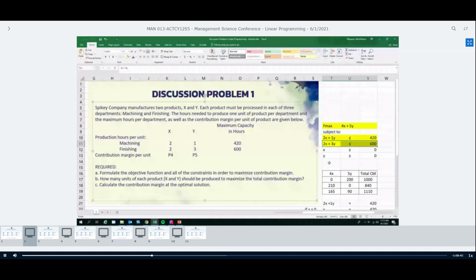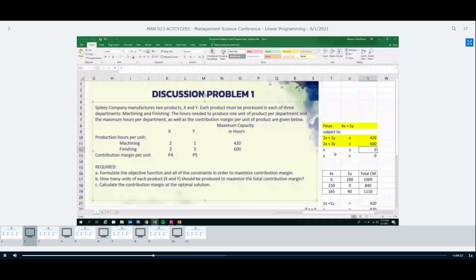"Sir, -500." So parang may mali, 'di ba? So kaya we'll also express that to say X is greater than or equal to 0. And Y is greater than or equal to 0.